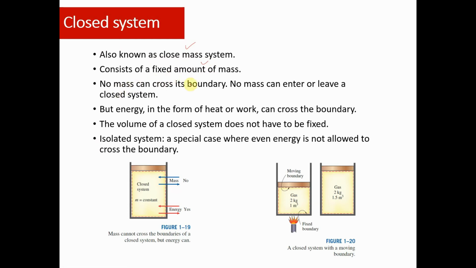No mass can cross the boundary. No mass can enter or leave a closed system. However, when considering energy in the form of heat or work, it can still cross the boundary. Okay, so this is a special thing. When we talk about the closed system, it only concerns the mass.